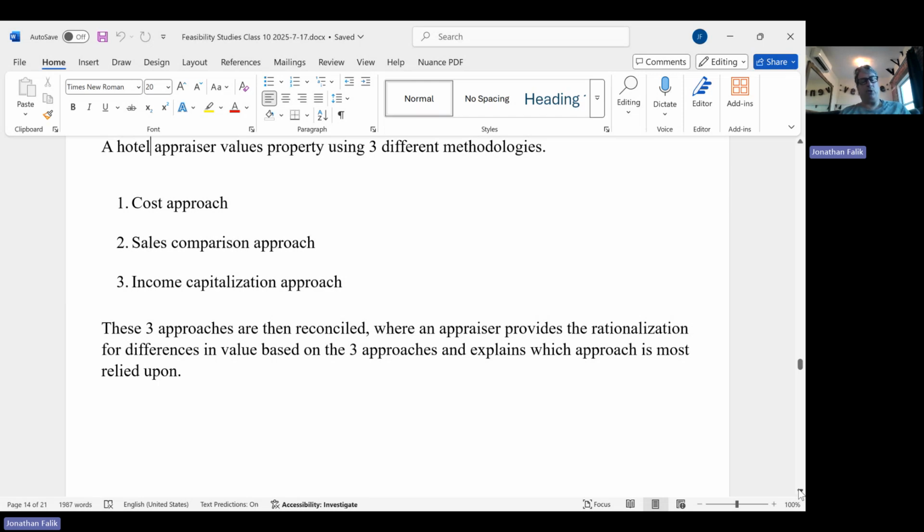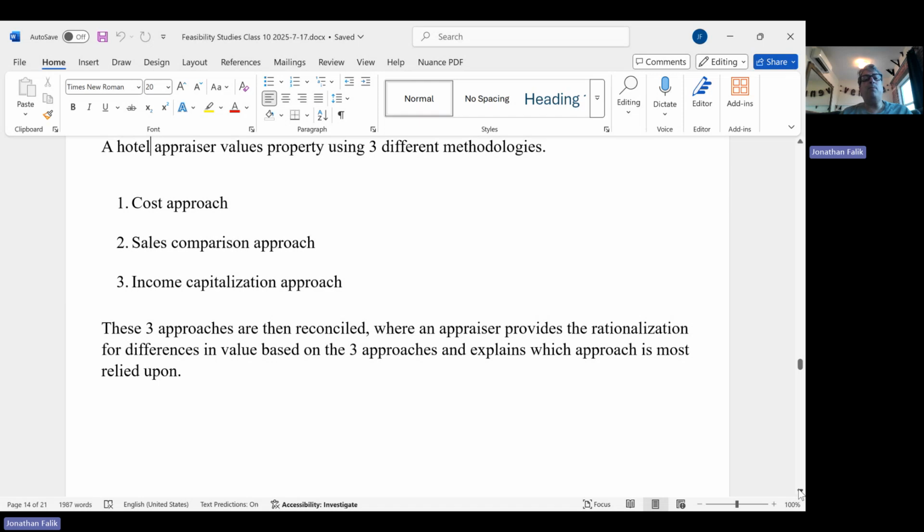Sales comparison approach also, you have to determine which are comparable sales. And different people might have different opinions on that, just the same as all four of your groups came up with different competitive sets, right?